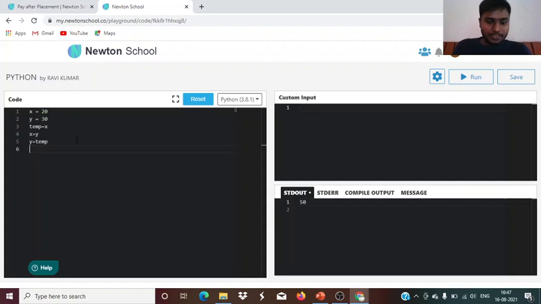Next, print x and print y. Before swapping, x equals 20 and y equals 30. After swapping, x comes y and y comes x.